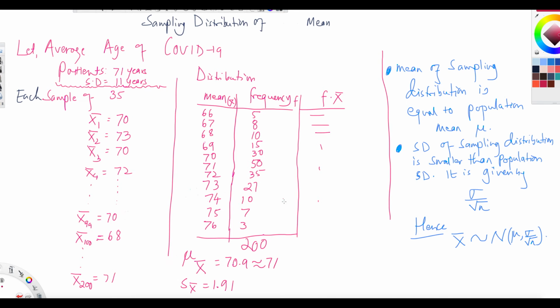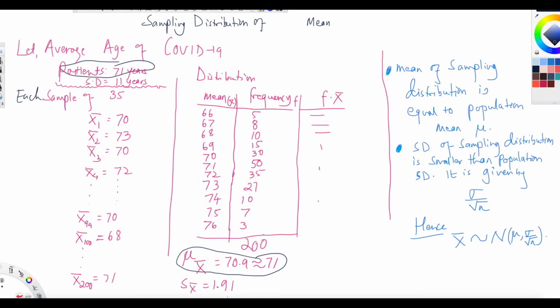Then we used the calculator to find the mean of those sample means, and also the standard deviation of the sample means. Did you notice that the mean of the sample means and the population mean are the same? We got the same number.